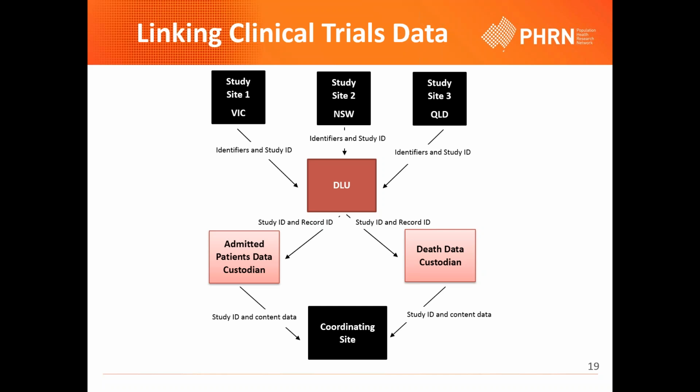And if you've got a choice, I would always go data custodian first, because that can impact on the actual design that you're using and which variables you're able to collect or not. If you go to ethics first and they approve your study, and then you go to the data custodians and they say, but you can't do it that way, then you're going back to ethics for an amendment. So if you've got the choice, go data custodian first.